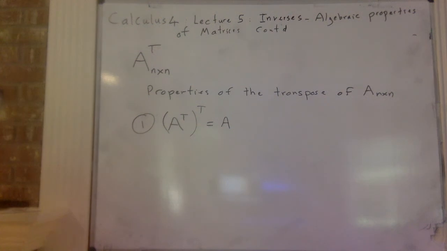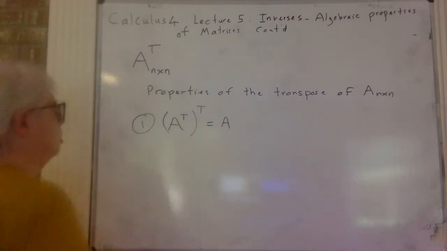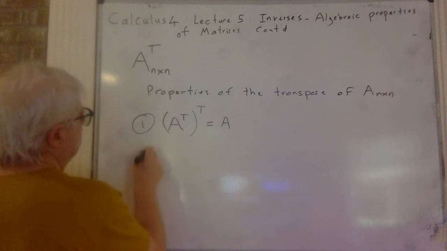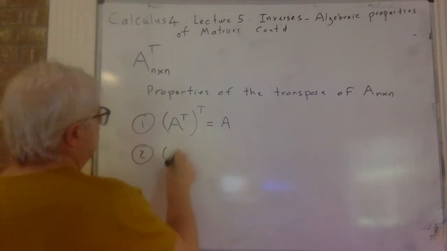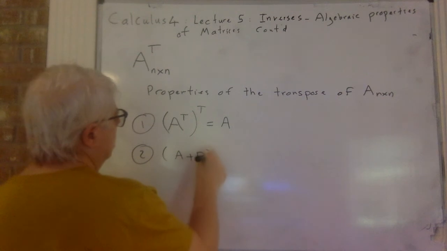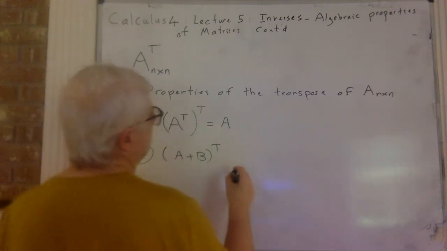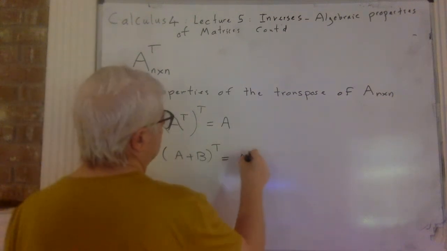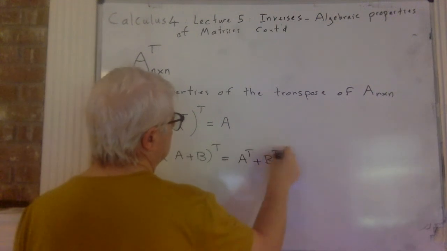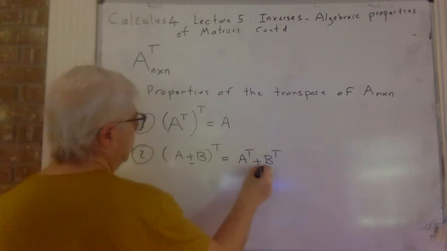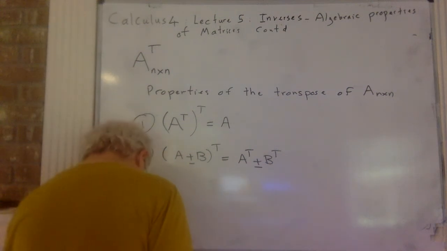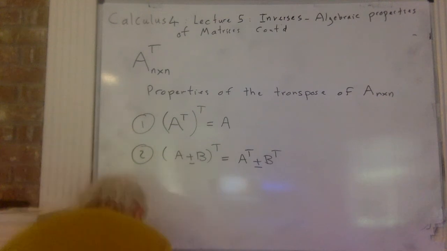So it's like I haven't done anything. Two: if I add them and transpose, then it's like A transpose plus B transpose. Or if I subtract them, the same thing happens.